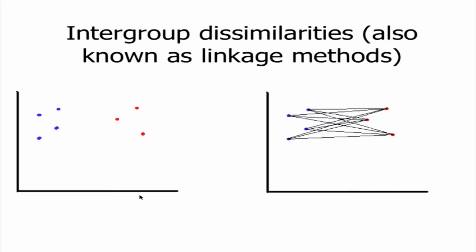Assume there are two groups of points, cluster 1 and cluster 2, the blue dots and the red dots. What can I do? Well, I can form pairwise distances between these points, right? And the goal now is to determine what is the distance between the blue cluster and the red cluster. One way to do it is to simply form the average, right?